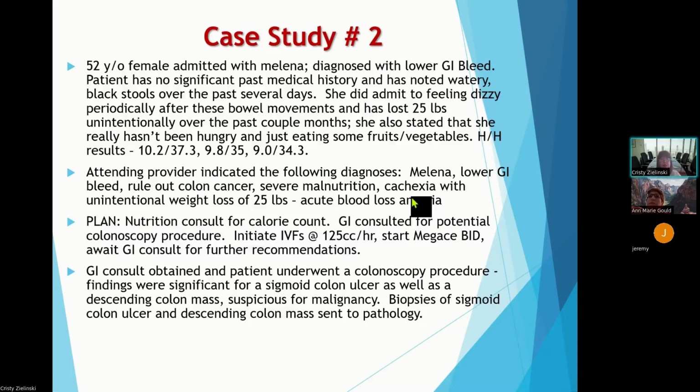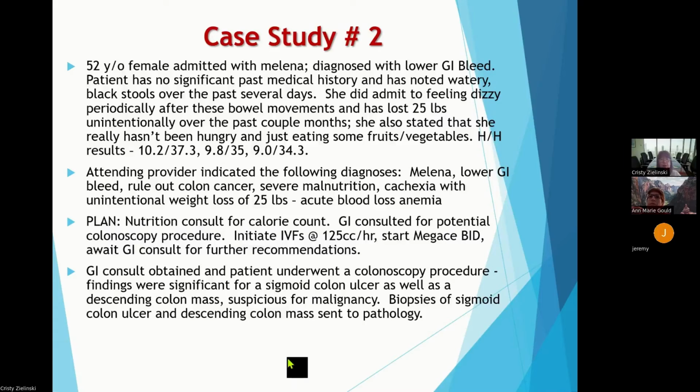She also stated that she really hasn't been hungry and is just eating some fruits and vegetables. H&H 10.2, 37.3, 9.8, 35, 9.0, 34.3. Attending provider indicated the following diagnosis: melena, lower GI bleed, rectal colon cancer, severe malnutrition, cachexia, with an unintentional weight loss of 25 pounds, acute blood loss anemia.